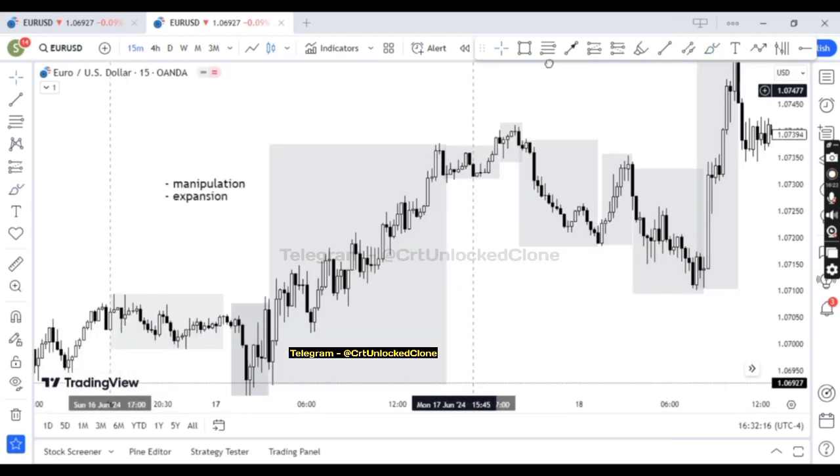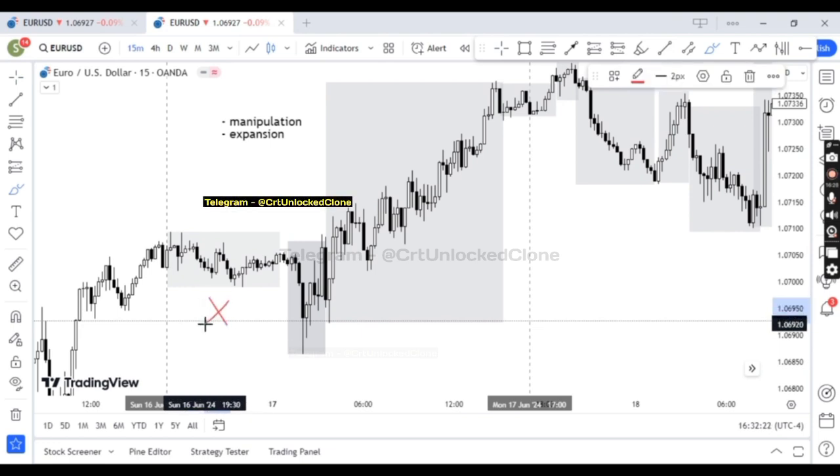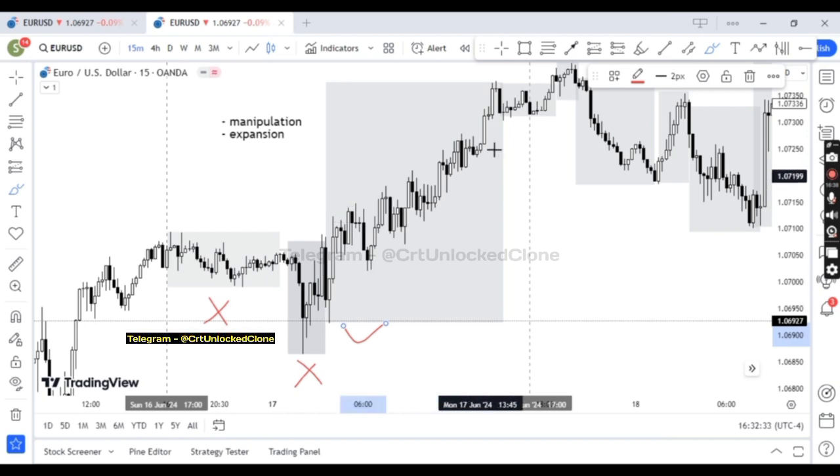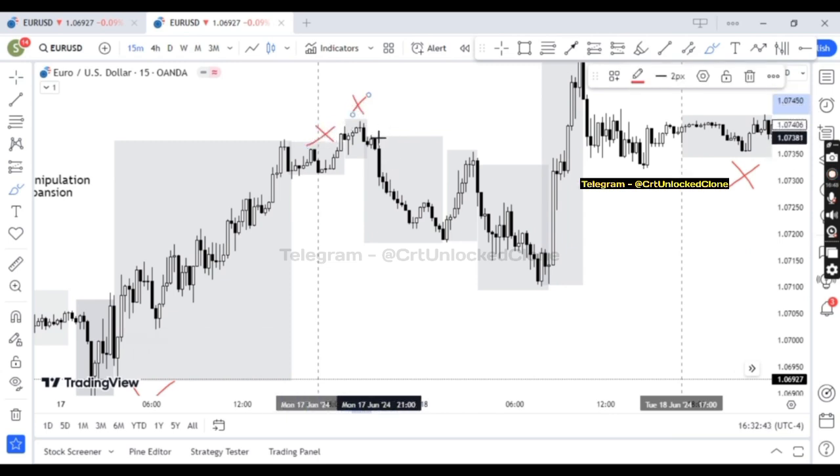So let's start off with Monday. On Monday, obviously you would have avoided trading this ranging profile and this manipulation profile, and you would have only traded this expansion profile, and it would have offered you this explosive expansion move towards the upside. Then on Tuesday, obviously you would have avoided trading this ranging profile and this manipulation profile, and only traded what?